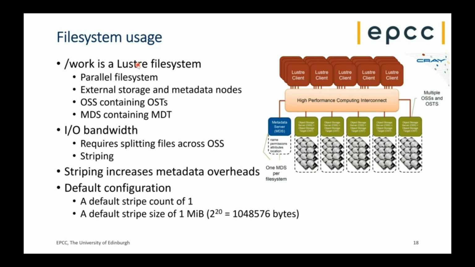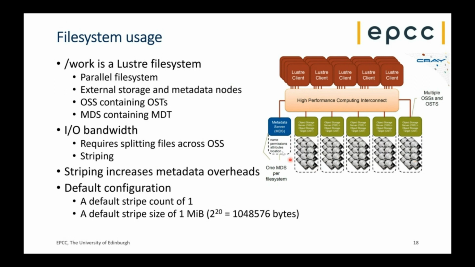Lustre is quite complicated, but from a user perspective, there's not much you need to worry about. What you do care about somewhat are the two different aspects of a file system. One is what we call metadata. Metadata is really directory structures, file names, and file permissions.